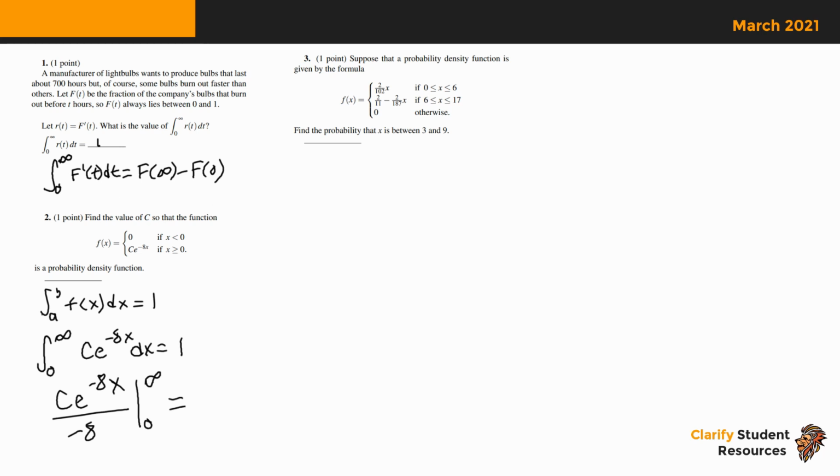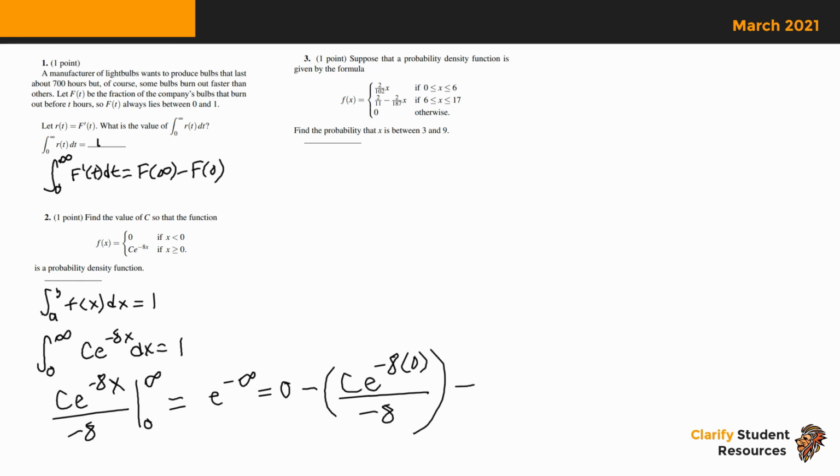So plugging that in, we're going to get e to the power of negative infinity, and this is basically going to become 0. So the first leading term is actually going to become 0. And we're going to get 0 minus c e to the negative 8 times 0, and then this is all over negative 8.